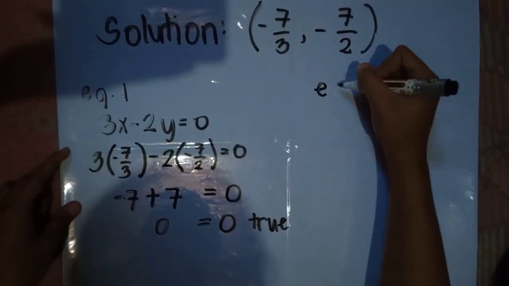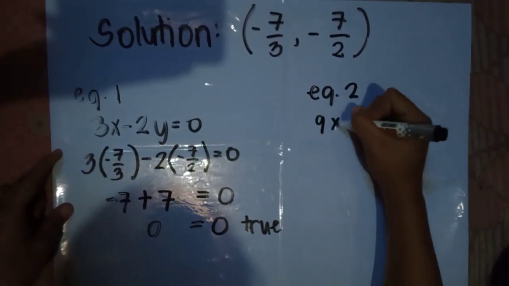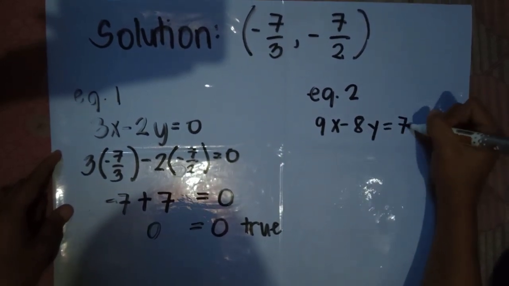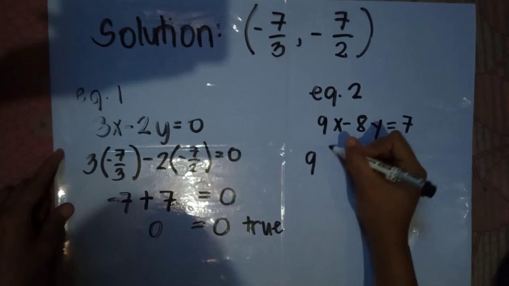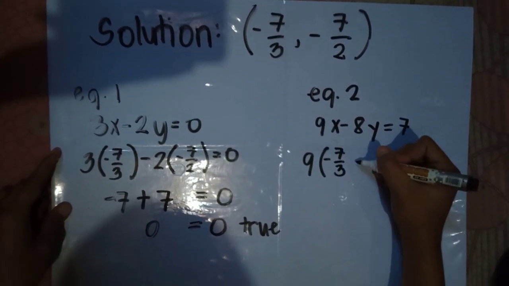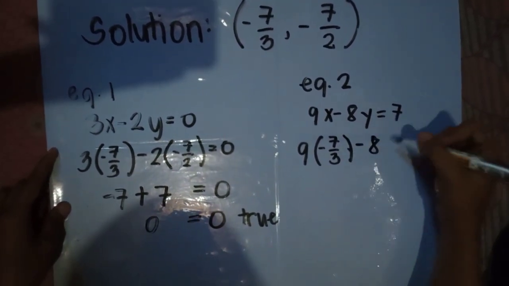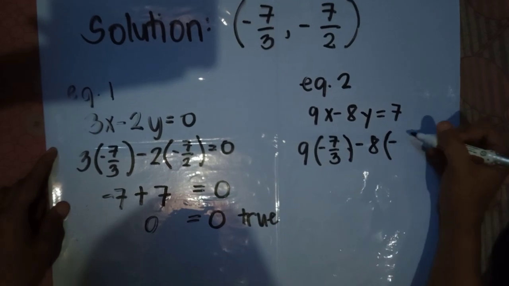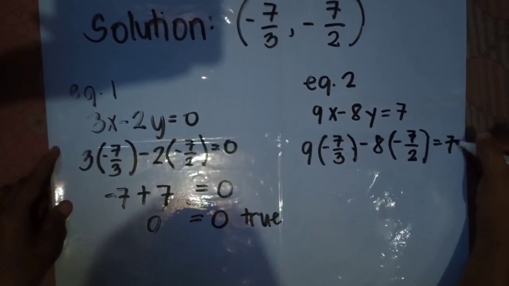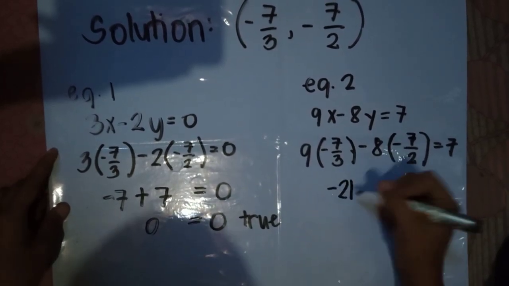In equation 2, 9x minus 8y equals 7. 9 times the value of x, which is negative 7 thirds, minus 8 times the value of y, which is negative 7 halves, equals 7. 9 times negative 7 thirds is equal to negative 21.